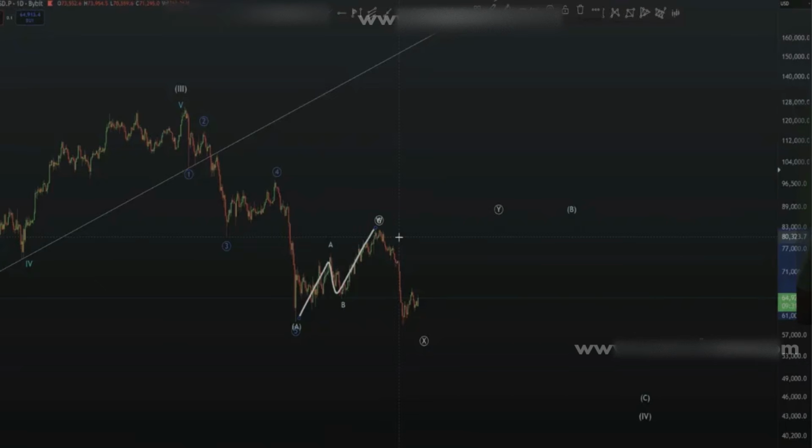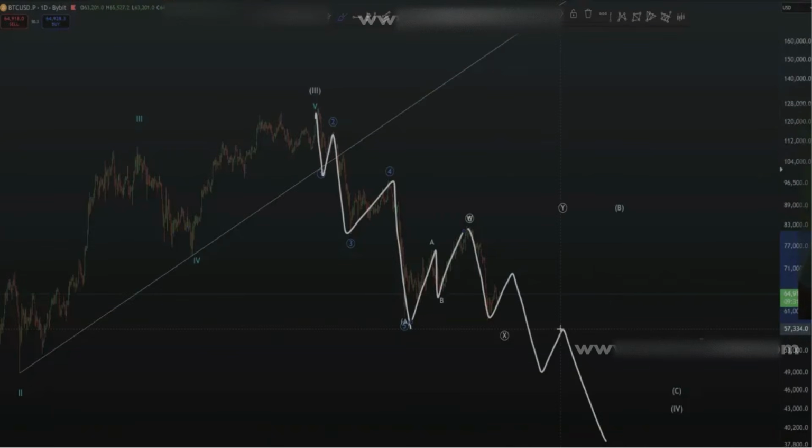And now Daniel has disregarded WXY and says there is a follow through in his Elliott wave analysis, that is 1, 2, 3, 4, 5 originating from W, and now there is to follow through, that is 1, 2, 3, 4, 5, and another follow through.